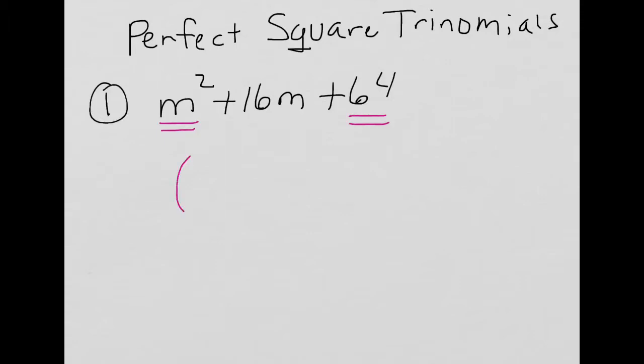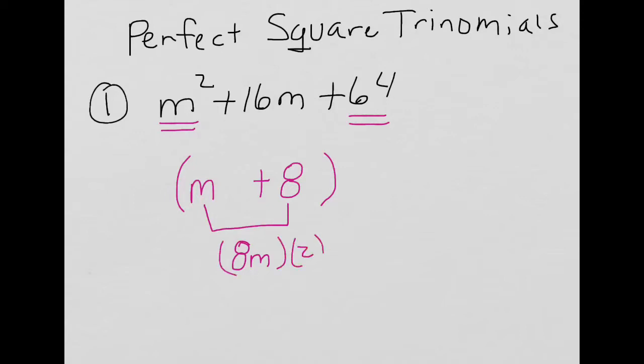So what I'm going to do is go ahead and write my parentheses. I'm going to take the square root of m squared, which is going to be m. And I'm going to take the square root of 64, which is going to be positive 8. Now to check to see if this is actually a perfect square trinomial, I'm going to take 8 times m, and I'm going to get 8m, and then I'm going to double that, which gives me 16m, and that happens to be my middle term.